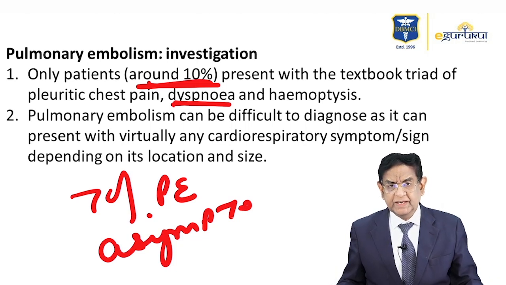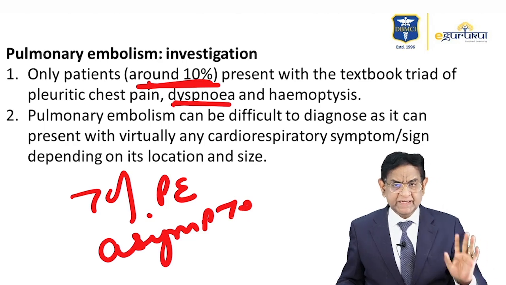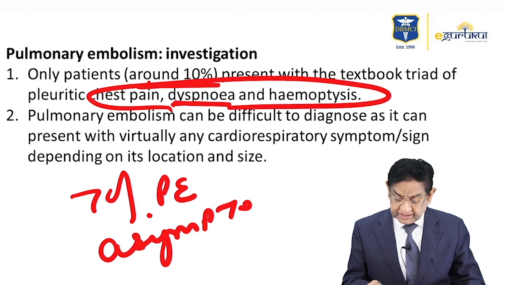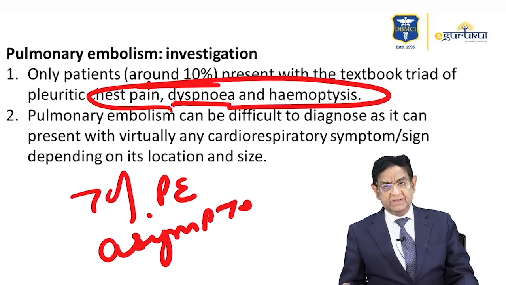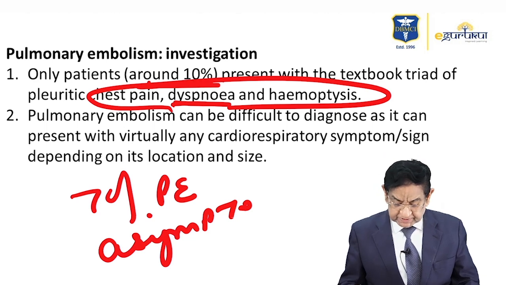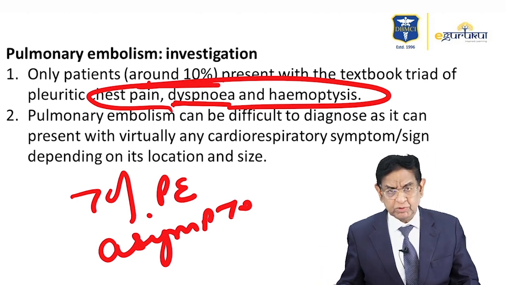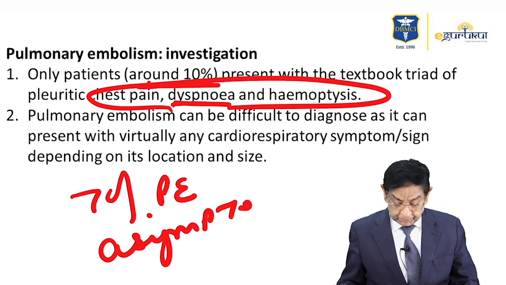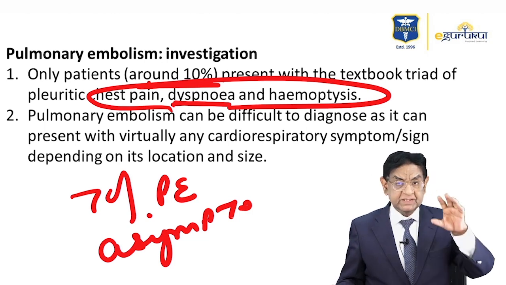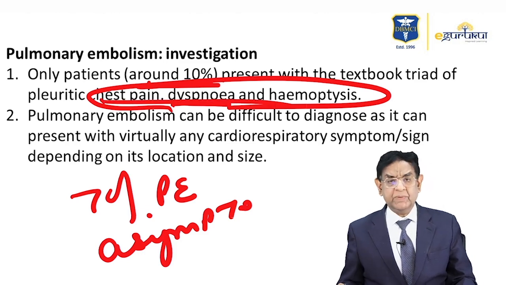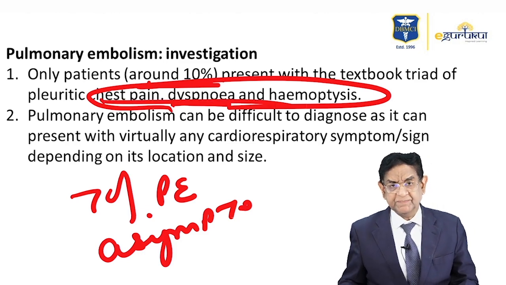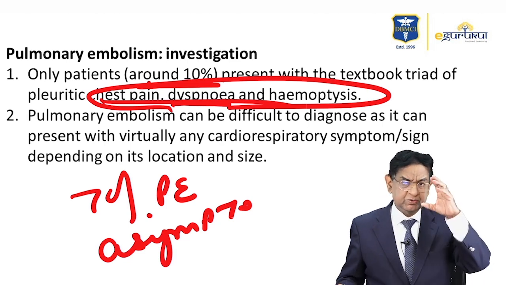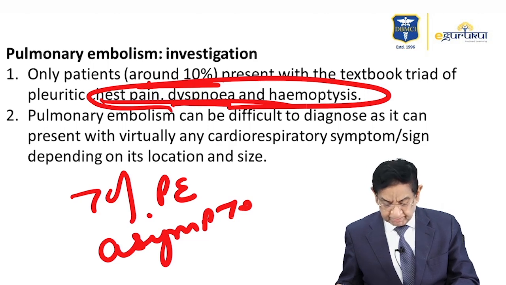Out of the remaining 30, these 3 together occur in only 10%. That means in the rest 20%, patients may have any 1 or 2, and the third may not be there. Understood? Moreover, these 3 symptoms are so common that they can occur in so many other conditions. So that's why it really becomes difficult at times to think about pulmonary embolism.